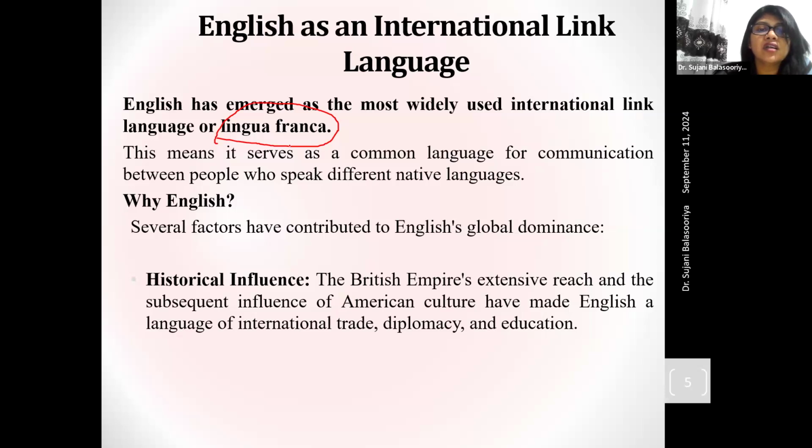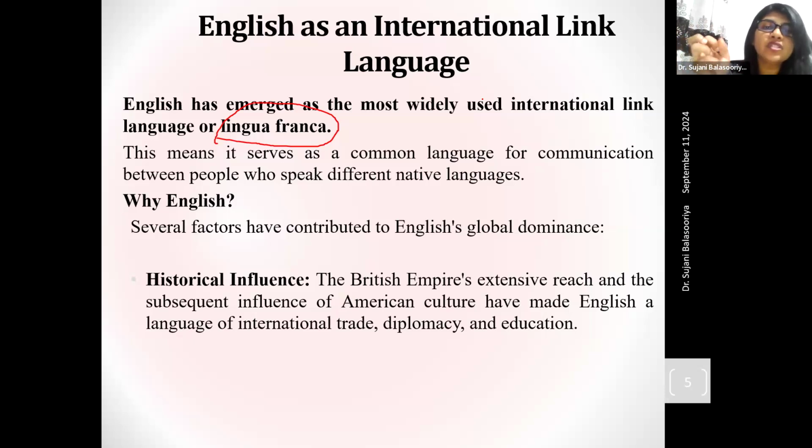Yeah, Shaza, communication between groups of people. Right. Okay. Actually, the idea behind the term lingua franca is common language or link language. The word link language itself is given here, right? Linked language or common language. That's the idea of lingua franca. So we say English is a lingua franca. What is the idea?